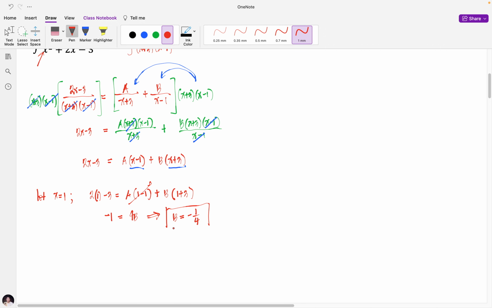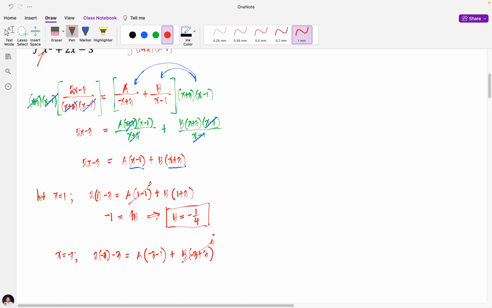We now have the value of B. Also, when x is equal to negative 3, we have 2 times negative 3 minus 3 equal to A times negative 3 minus 1 plus B times negative 3 plus 3.